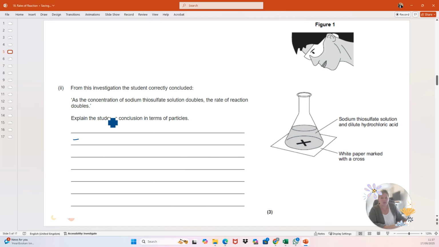So for the first mark, we want to be recognising and identifying that there are more particles in there, or if you've said they're closer together, yeah, just because there are more. So we can say that there is an increase in the number of particles.